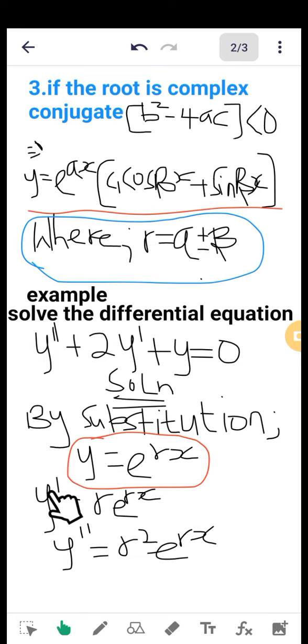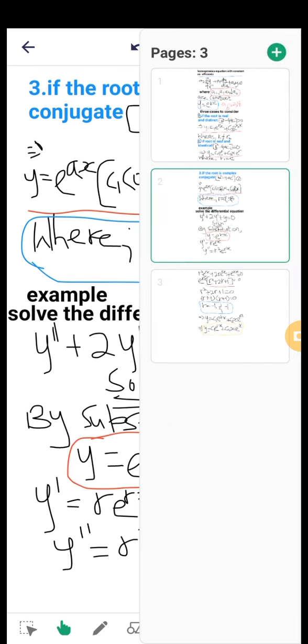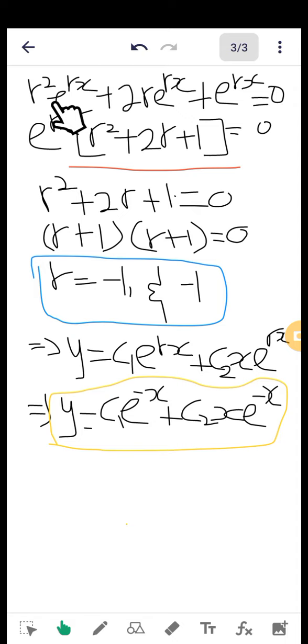Then we substitute. Wherever we see y double prime, y prime, and y in the original equation, we substitute from these derivatives. Upon doing that, we obtain r squared e exponent rx plus 2r e exponent rx plus e exponent rx equals 0.